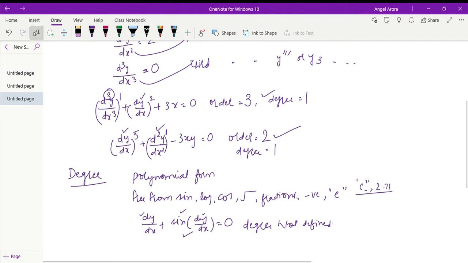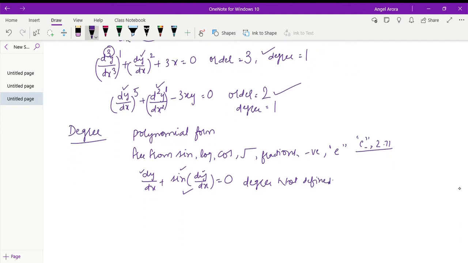Another example, suppose dy upon dx minus 3 d square y upon dx square plus log y is equal to 5x. Now in this equation, this is the first order derivative, this is the second order derivative. So the highest order derivative is of second order, so the order of this differential equation will be 2. And what is the degree?